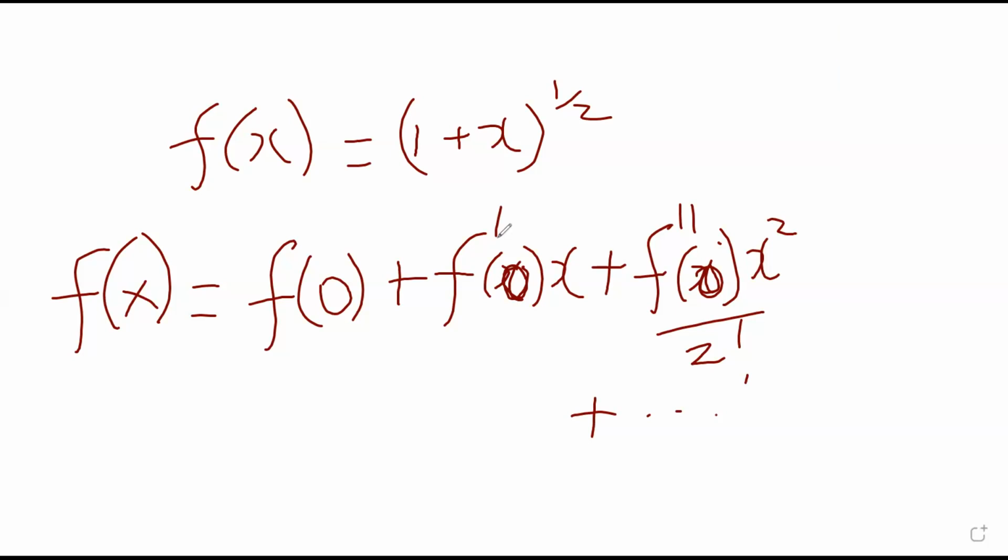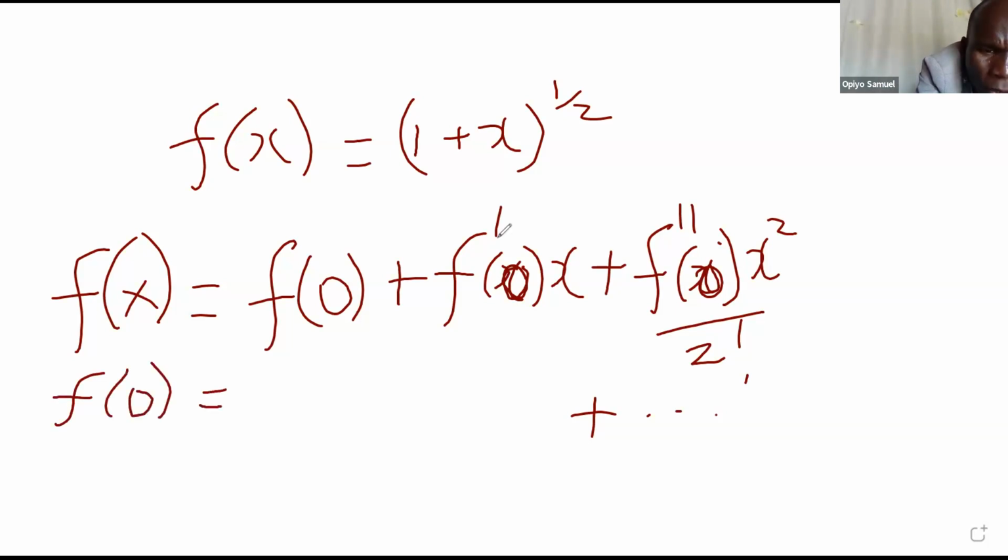So, if you want to expand this example, I hope you are seeing my example. F of x equal to 1 plus x to the power half. So, you will now begin by finding f of 0. And f of 0 means 1 plus 0 to the power half.